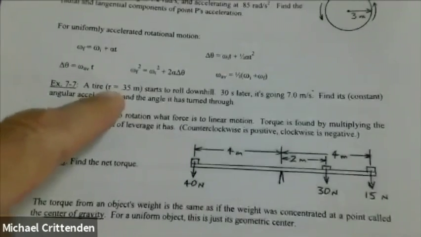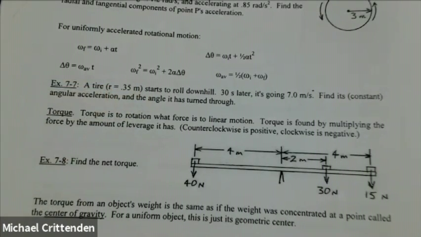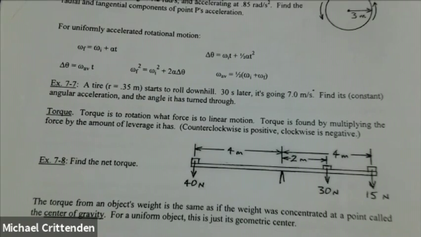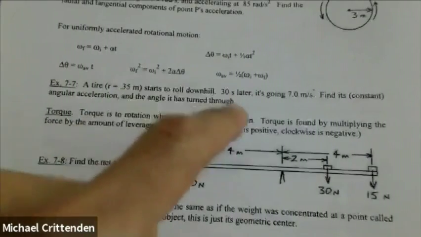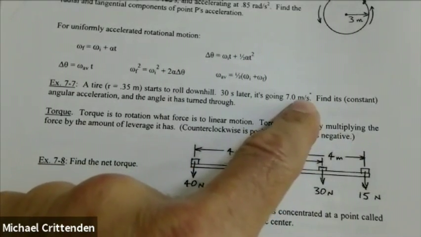I mean, this one's pretty obvious. R equals 0.35. If you can't figure out that that's telling you R, that's a problem. But this is a little more subtle over here. Meters per second.